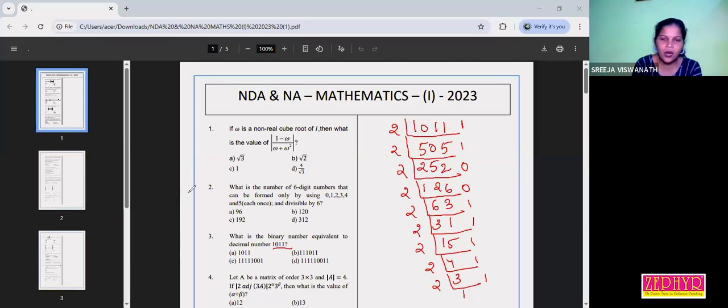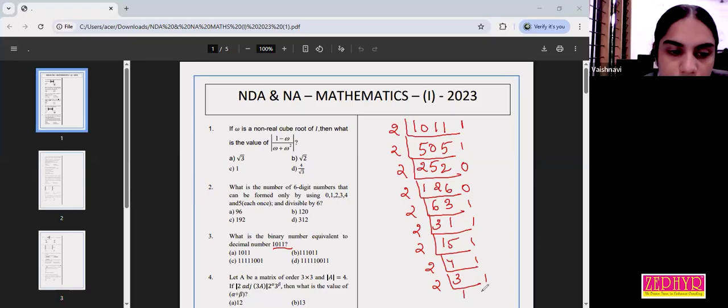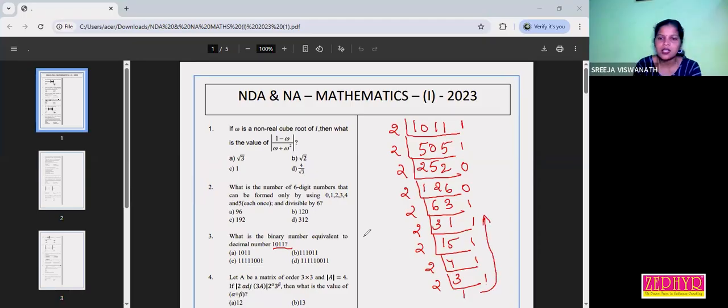Now, how can we write the binary number? Downwards. Yeah, from down to upwards. From down to upwards, the given binary number is 1, 1, 5 times 1, right?